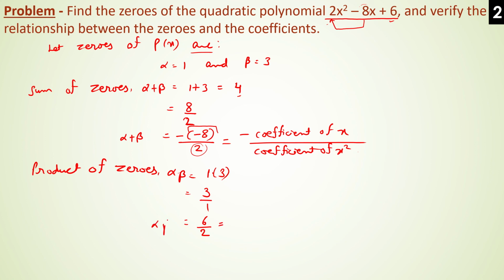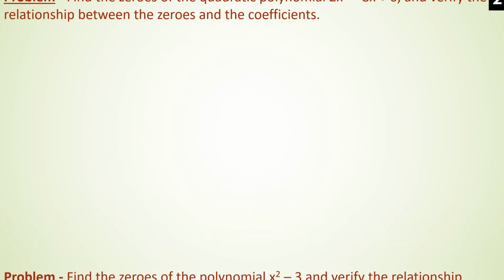So the product of zeros will become the ratio of the constant term and the coefficient of x square. So we have verified the relationship between zeros of the polynomial and coefficients of the polynomial.